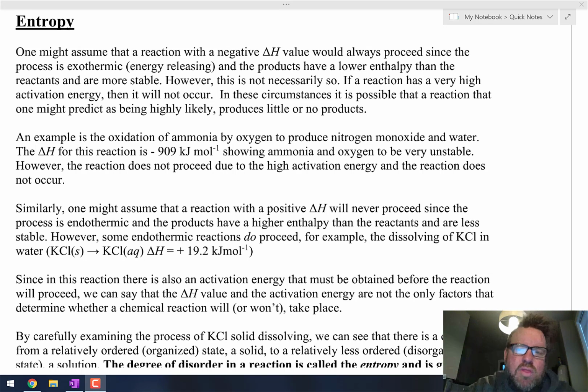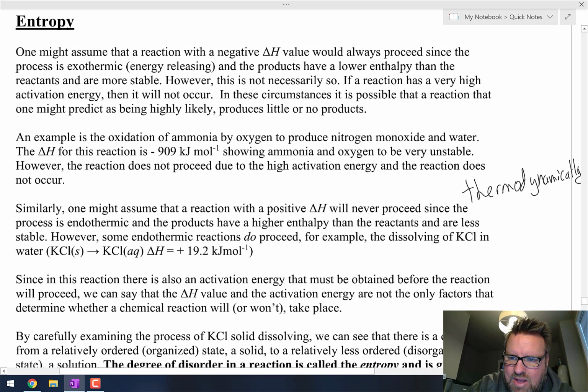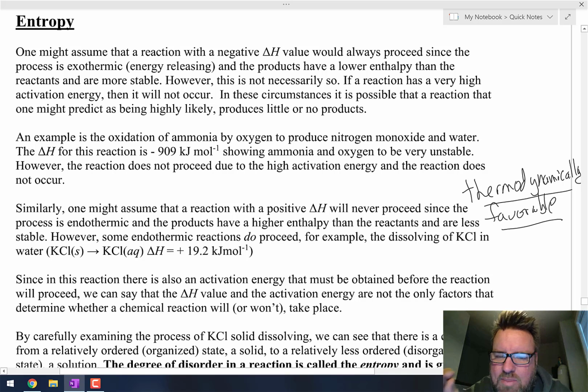The way that the AP people, instead of saying spontaneous, they used to say spontaneous, but now they say this: thermodynamically favorable. So if a reaction is thermodynamically favorable, which you're going to see that term quite a bit here coming up, then that means that yes, the reaction will happen without any outside intervention. If it's not thermodynamically favorable, then it won't.